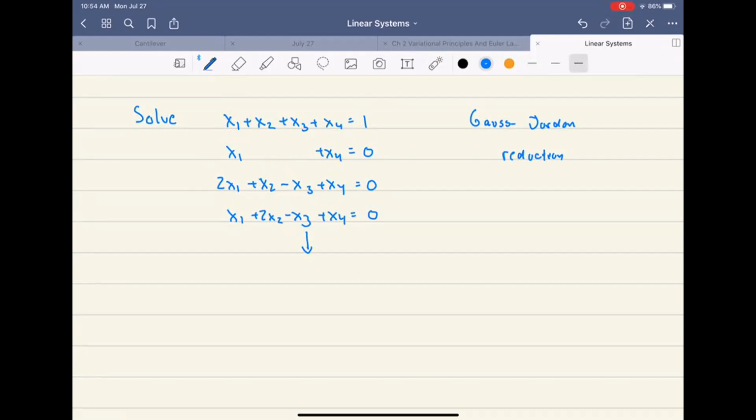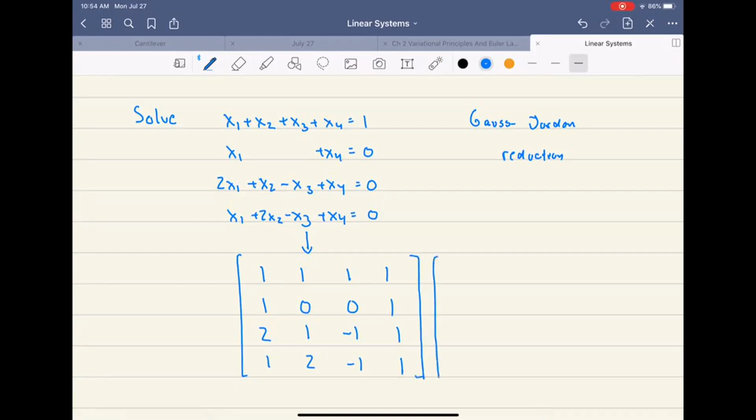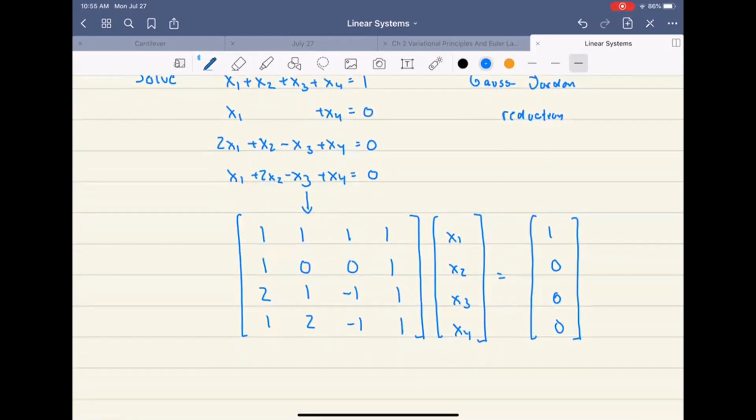So I'm going to write this as a matrix: 1, 1, 1, 1; 1, 0, 0, 1; 2, 1, negative 1, 1; 1, 2, negative 1, 1, acting on, and I like to write it this way, x1, x2, x3, x4, equals 1, 0, 0, 0. So what is it that I'm doing here?